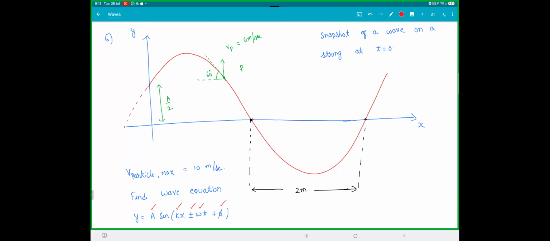This is a photograph, and you know the maximum particle speed. Find the wave equation. Let's see what you can figure. Whatever you can from the picture, whatever data you can figure out.